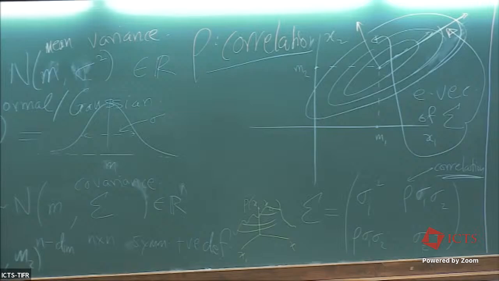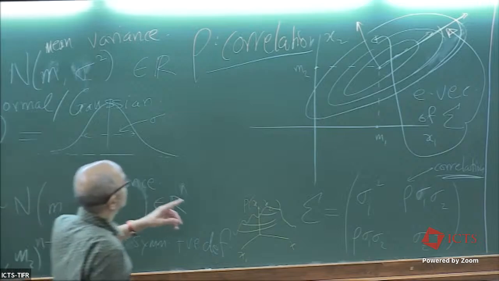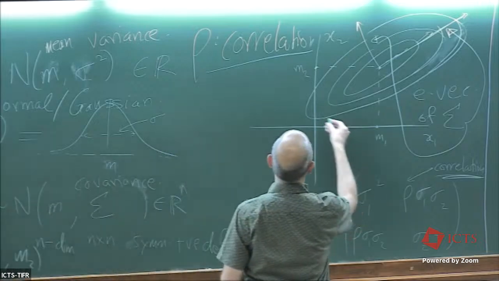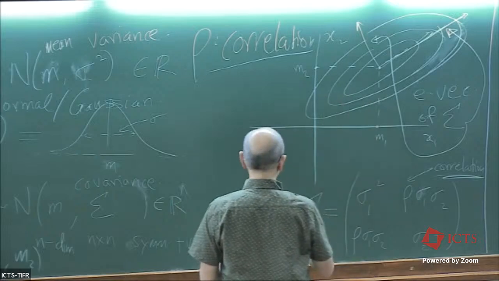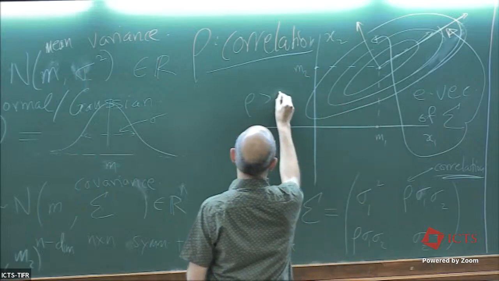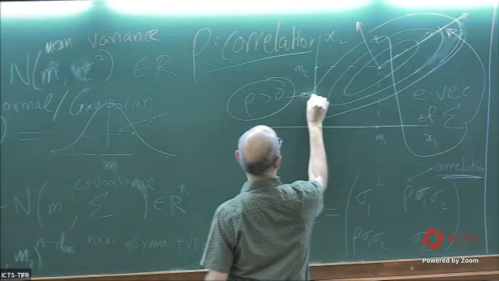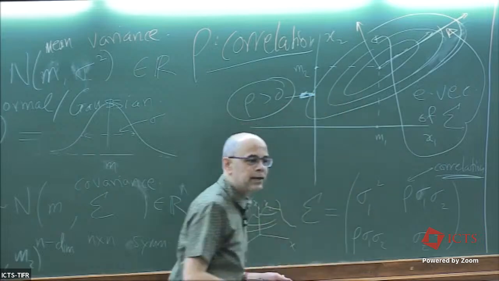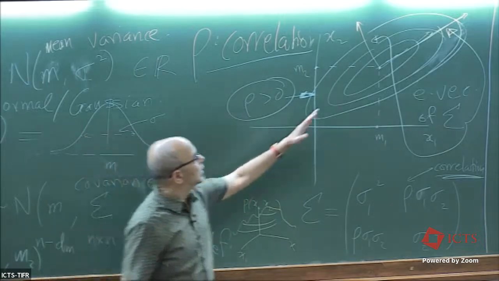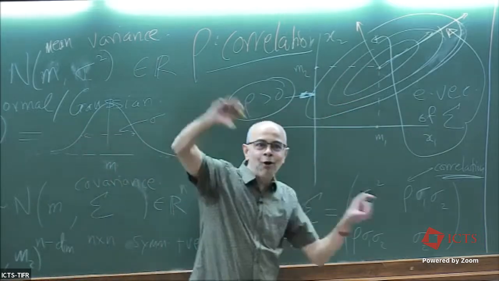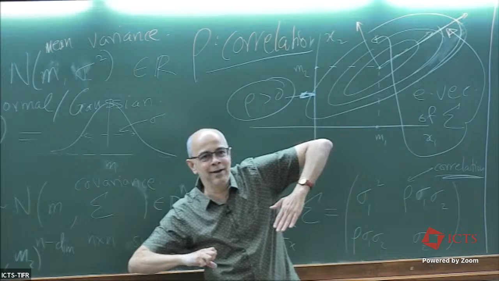And so the way I drew it, rho is actually positive. This picture is for rho positive. If rho is negative, these elongated ellipses would have been tilted the other way.